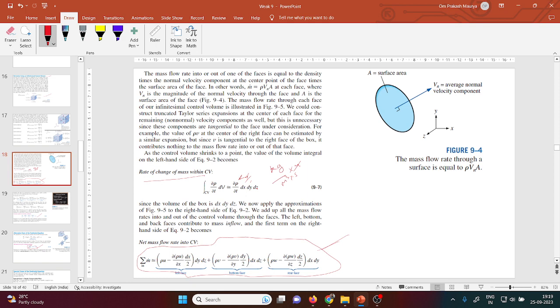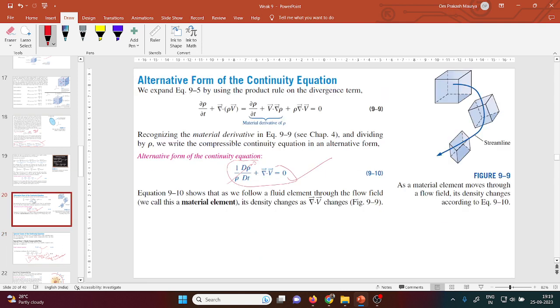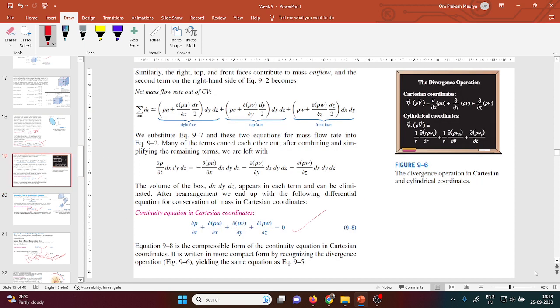So it cancels, and doing the mathematical manipulation, your final expression comes out like that. This is the continuity equation in Cartesian coordinates. So this is the reason.